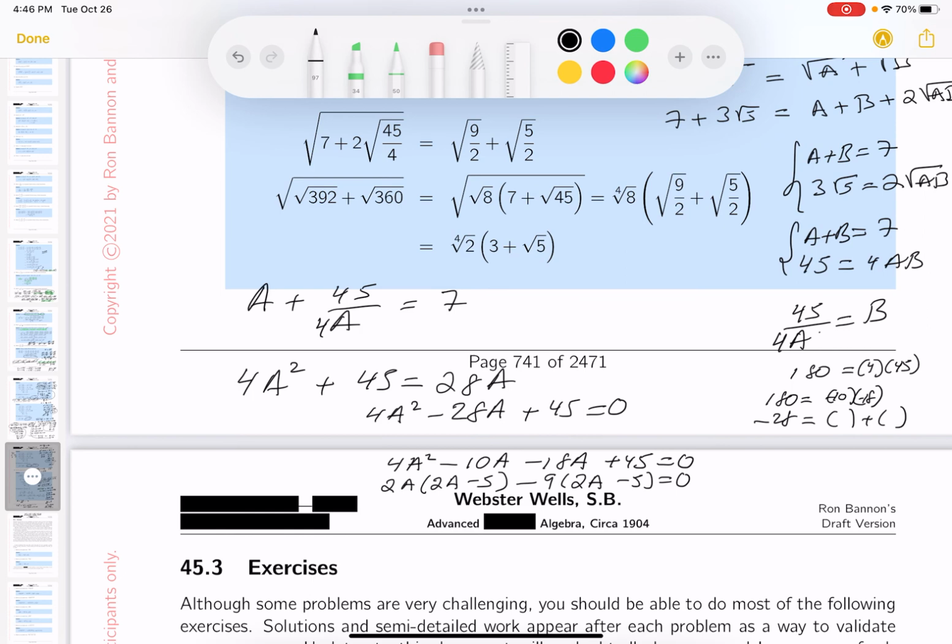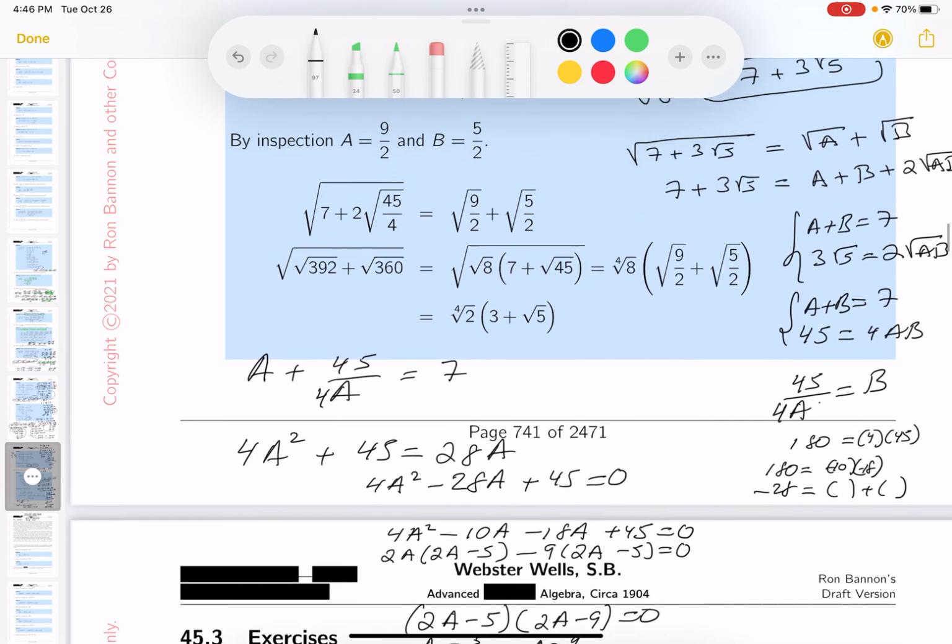Don't be discouraged. We're going to factor that now. 2A minus 5, and you get 2A minus 9 now. It's the most challenging problem in the set so far, right? So you get A is 5 halves. Don't be discouraged. And over here you get A is 9 halves.